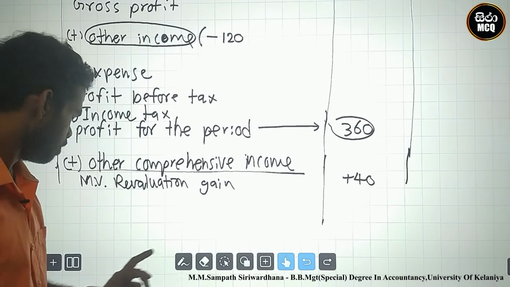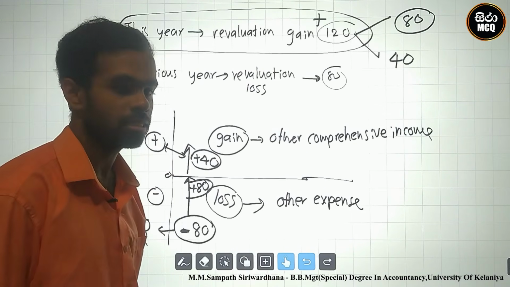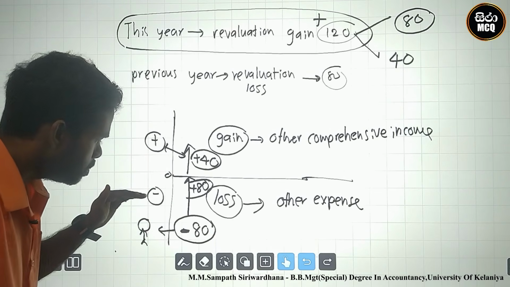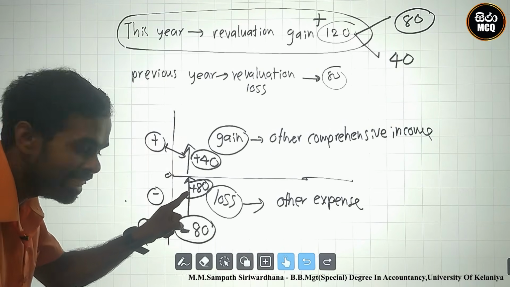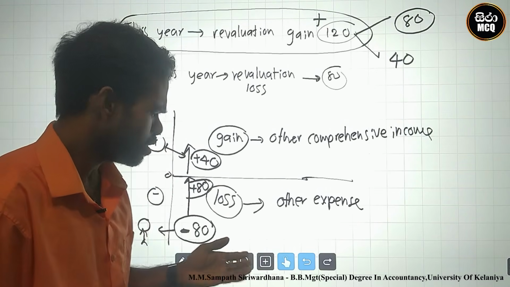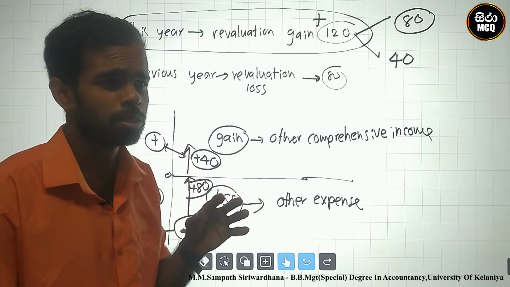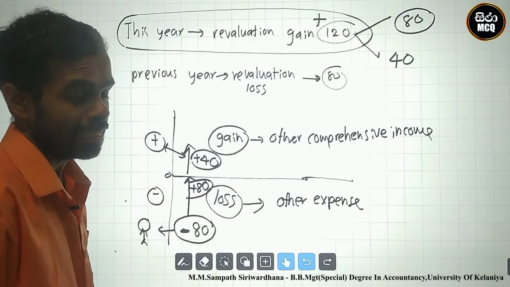Okay. What is the location of 80? 80 location is other expense area. Other expense area is minus, but you must add the 80. Therefore, other expense area was reversed. Why? Other expense area was minus area, but you add these 80.